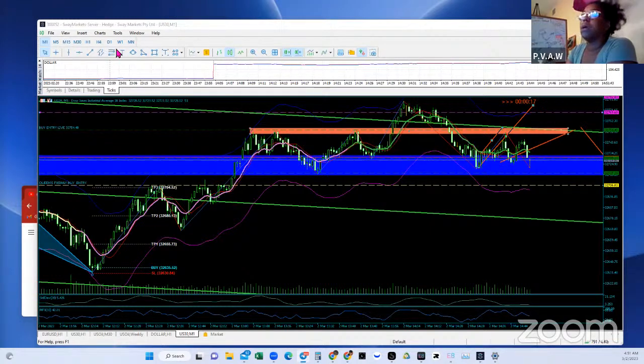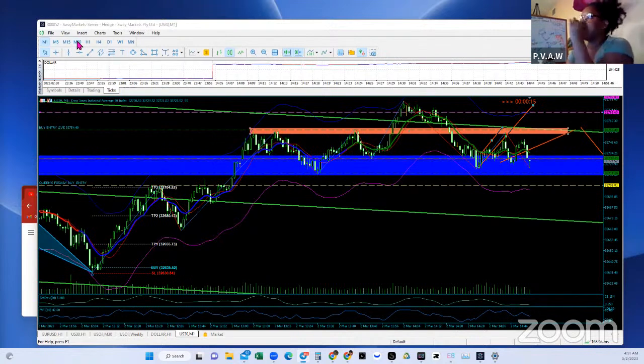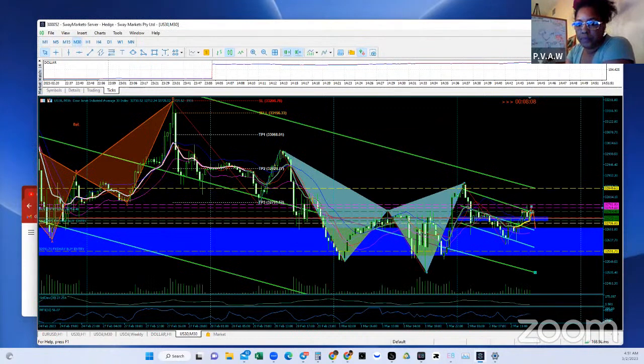Well, there we go. So I'm going back to the M30 chart so I can finish breaking this down. I don't want to make this long. So like I was telling everybody, I said we are at our first target. Okay, let's see if we reject or stay above these targets, right? So we're still playing around in this area.